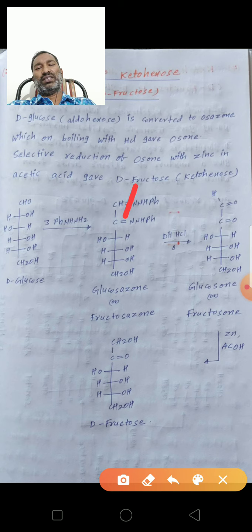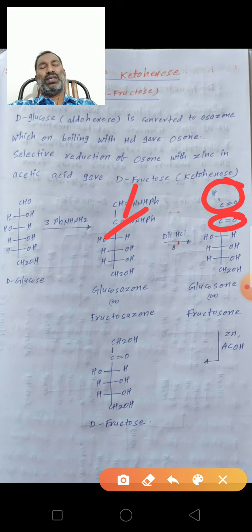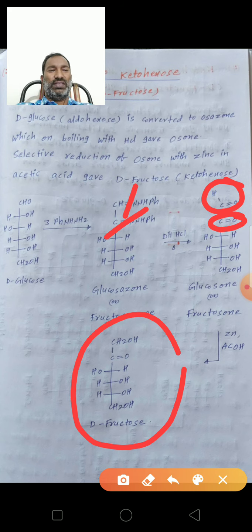So this carbon and this carbon. First carbon converts into the aldehyde group, second carbon converts into the keto group. Then on selective reduction with zinc and acetic acid, it will convert to D-fructose. This is the conversion of aldohexose to ketohexose.